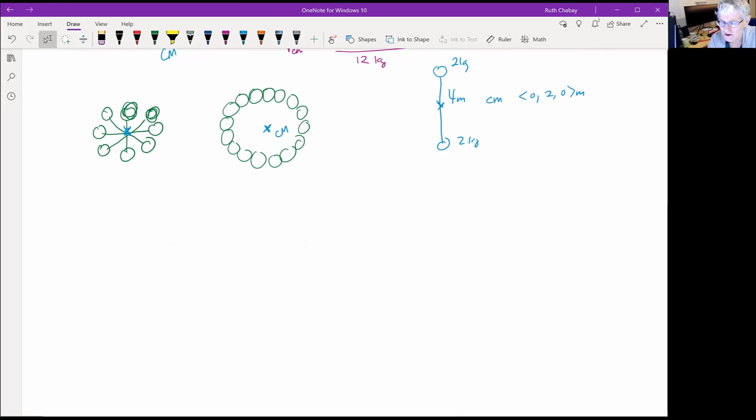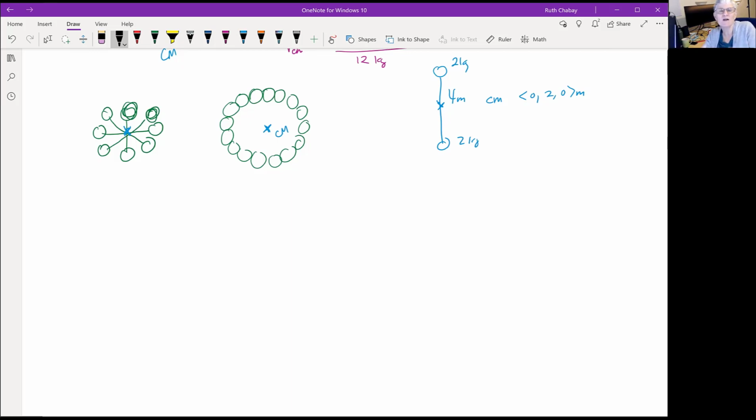Now, any questions about the definition of center of mass or how you calculate it? Okay. So how is this useful in talking about motion and energy? Yeah, absolutely. That's what we just said.